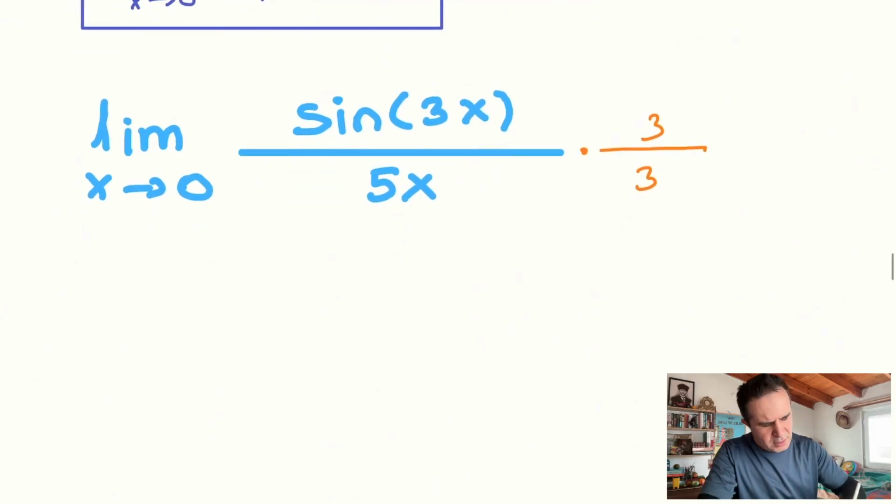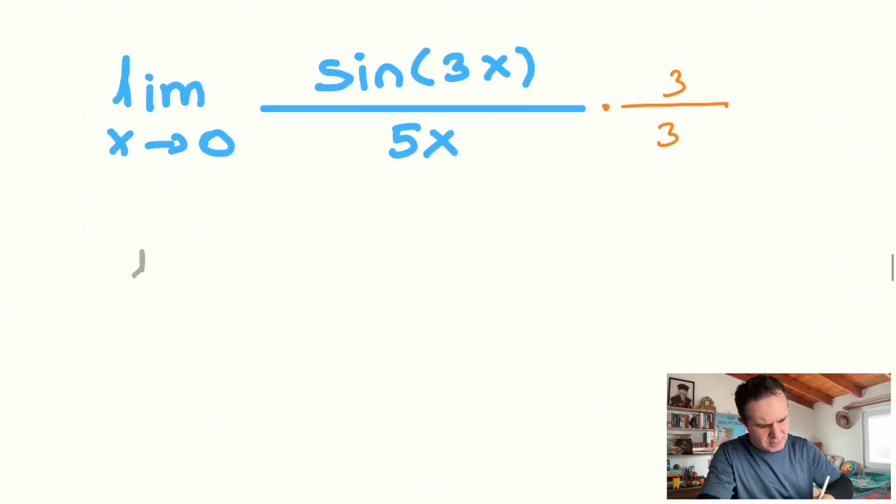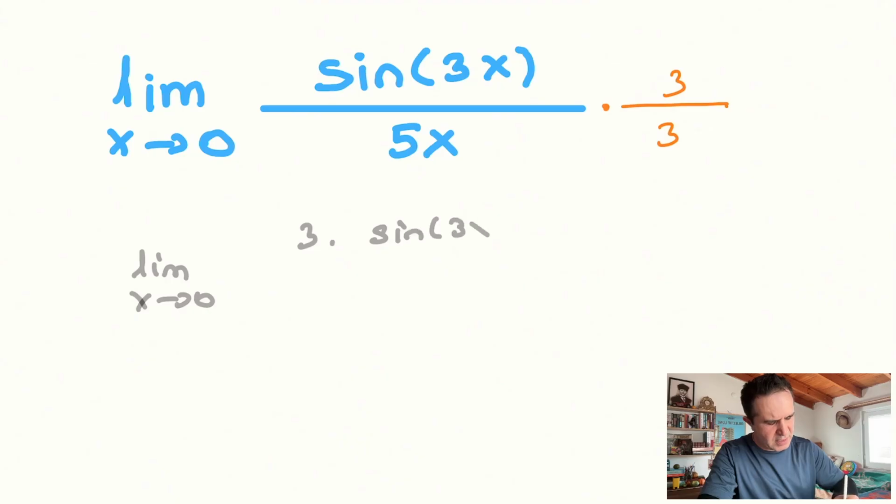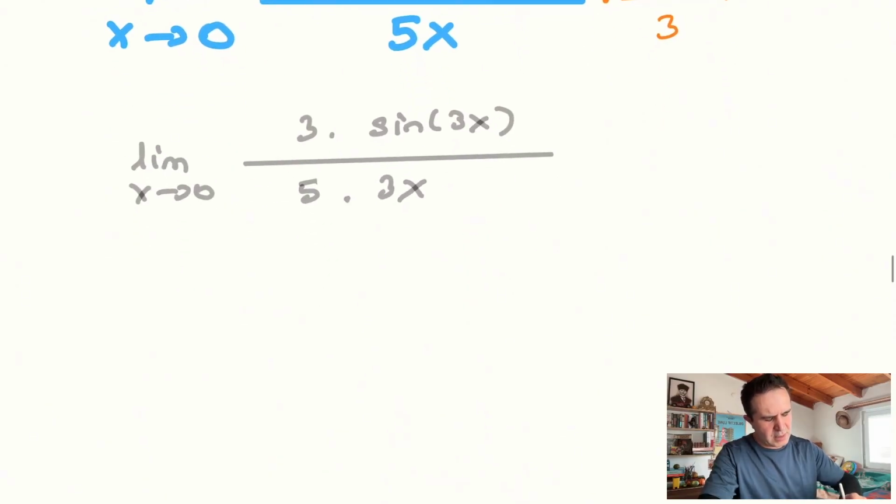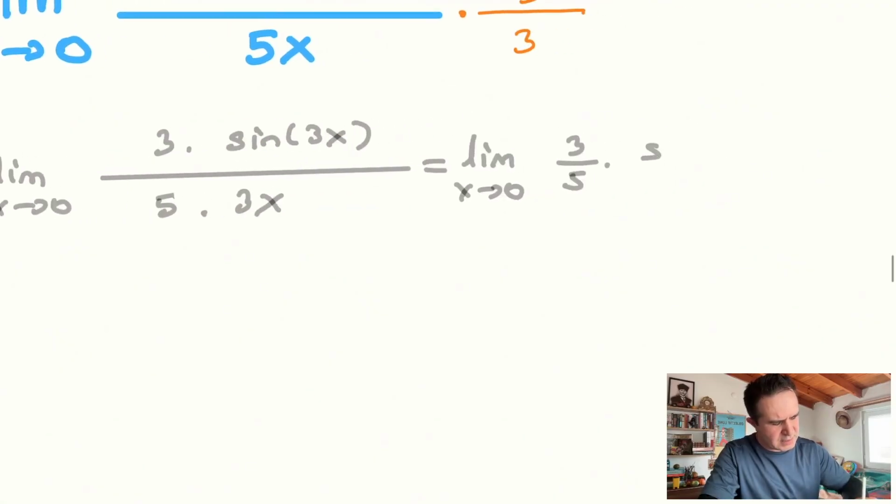So we get here the limit as x approaches 0 of 3 times sine 3x divided by 5 times 3x. And we can write it as the limit as x approaches 0 of 3 over 5 times sine 3x divided by 3x.